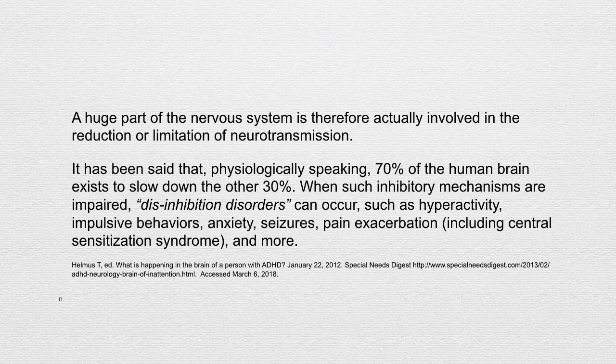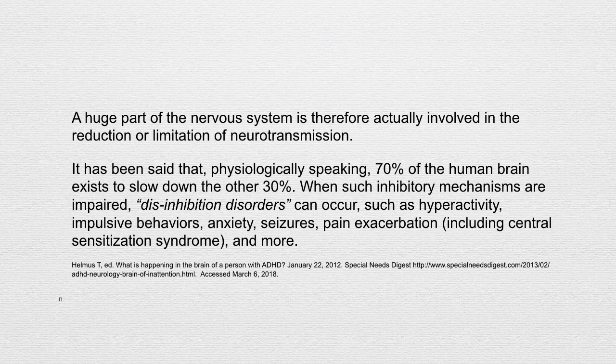Very helpful. So a huge part of the nervous system is therefore actually involved in the reduction or the limitation of neurotransmission. One way to think about this is that if the nervous system is a car, the endocannabinoid system is like the brakes. It allows the nervous system to put the brakes on when things are going too fast or too crazy. It's been said, physiologically speaking, 70% of the human brain exists to slow down the other 30%.